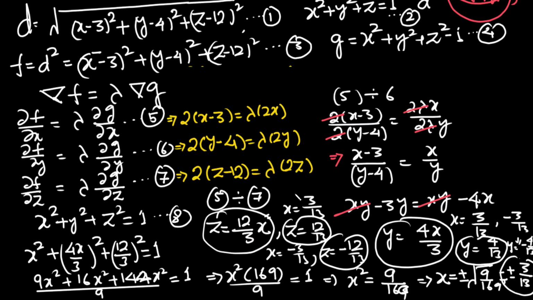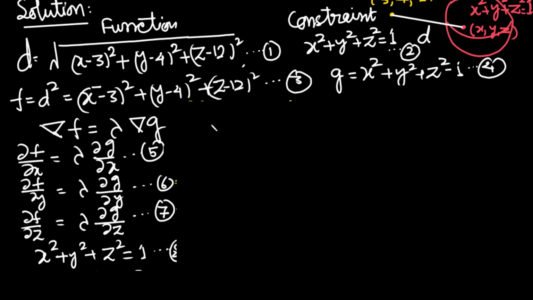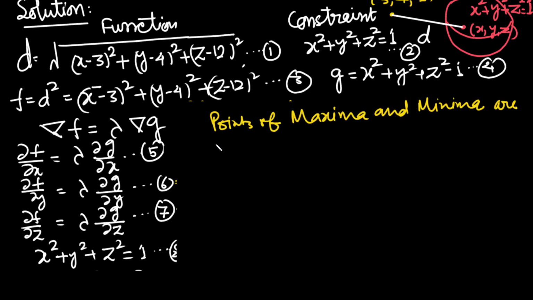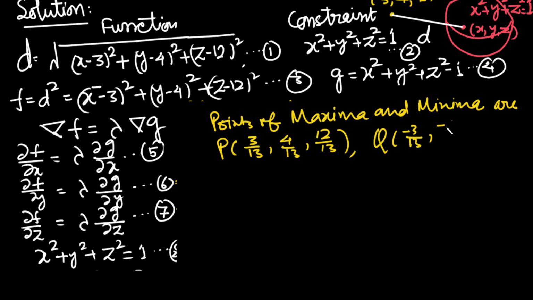Okay, so let us clear this clutter. So our points of maxima and minima are, the first point is point P and its coordinates are 3 by 13, 4 by 13 and 12 by 13. And the second point is point Q, negative 3 by 13, minus 4 by 13, minus 12 by 13.